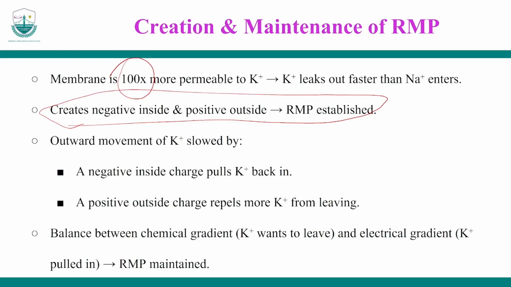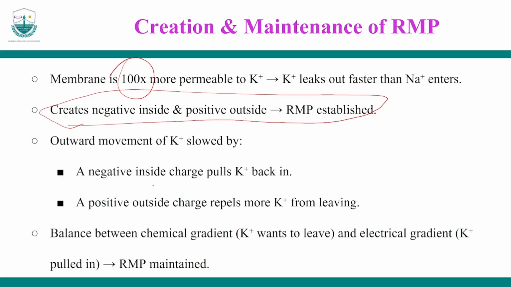But of course, potassium does not have a free gate where there is no impediment to its movement. Potassium also receives some resistance in trying to get out of the neuron.